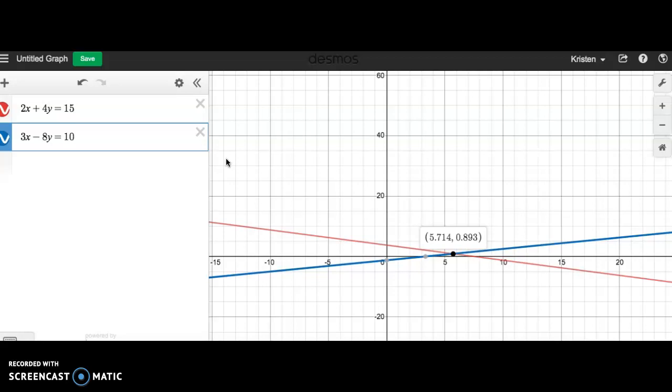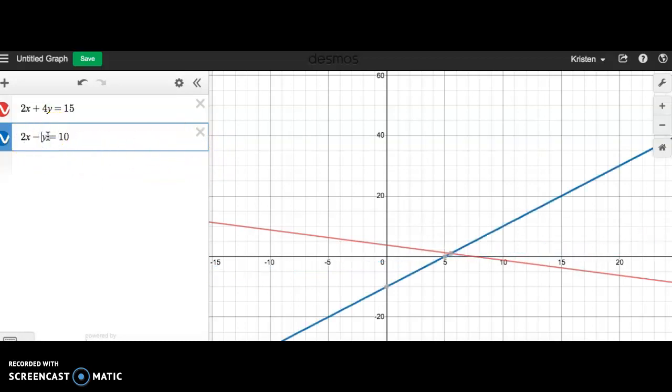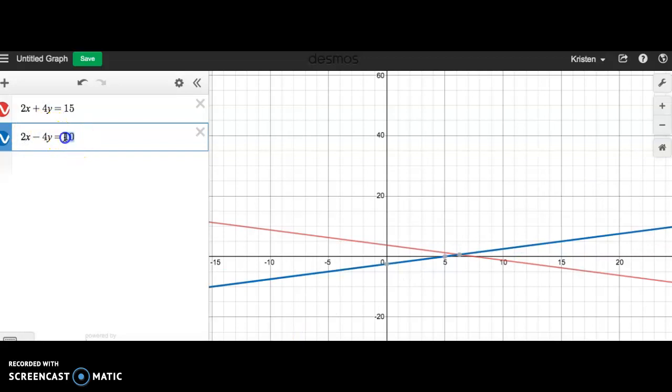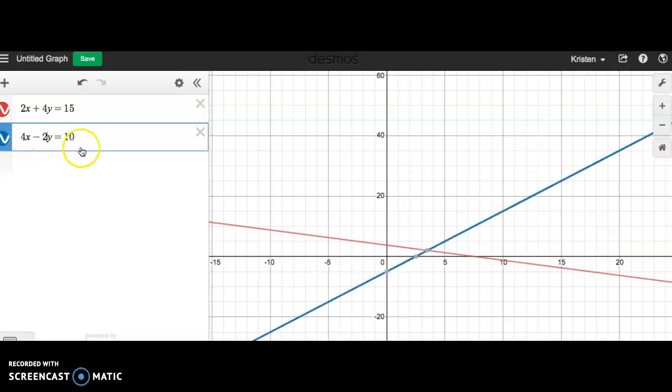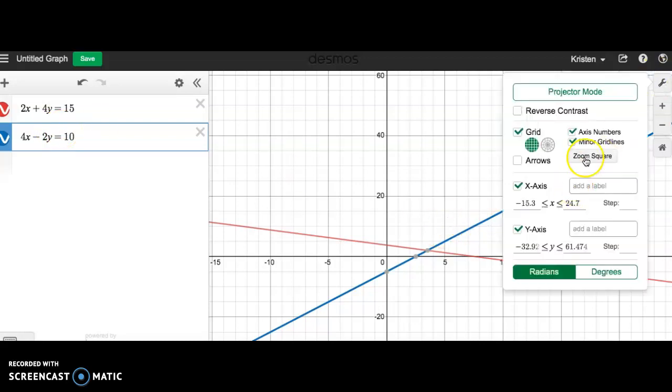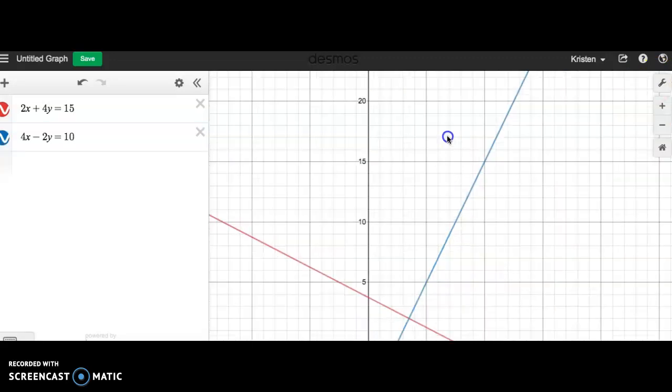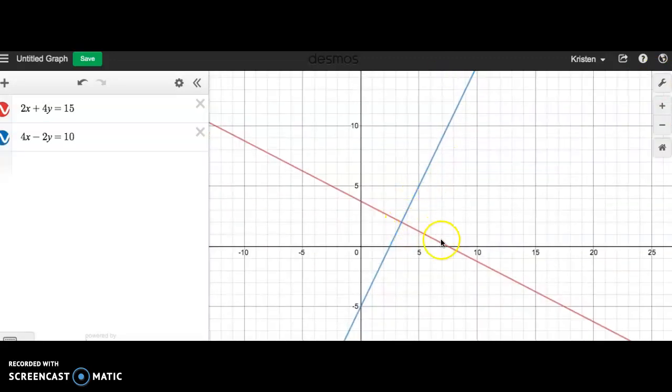Trying to think if there's anything else that's super, super important. You can also check parallel and perpendicular on this one, just to point out how I know certain things are parallel or perpendicular. If I'm looking at this to find a right angle, if you hit zoom square, if it's not already done, you'll be able to really see a tight right angle right there.